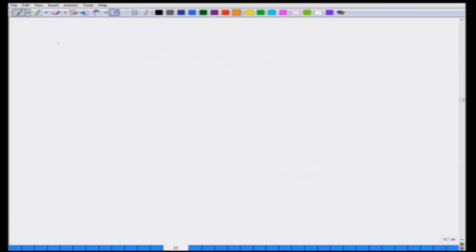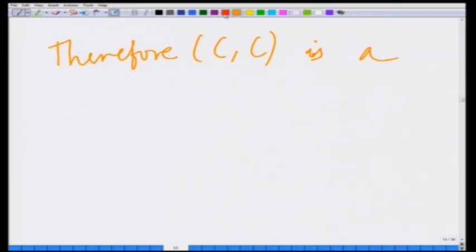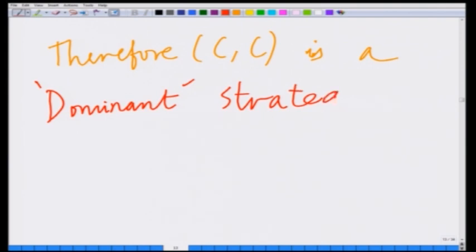Therefore, C comma C is a dominant strategy equilibrium.